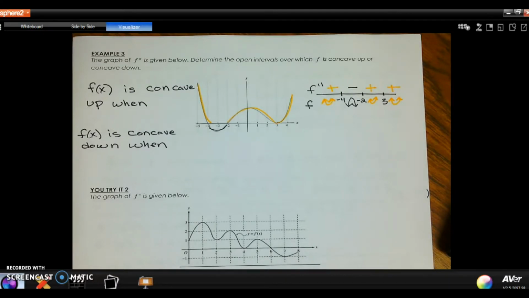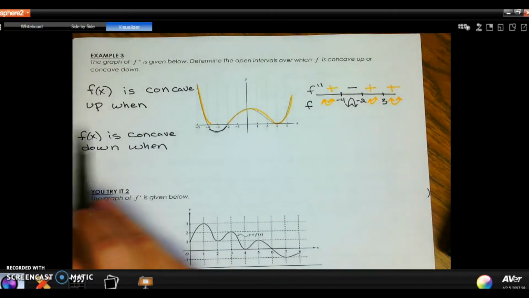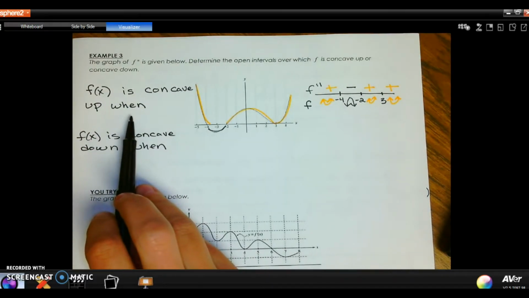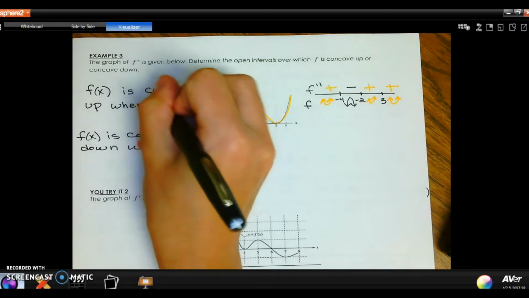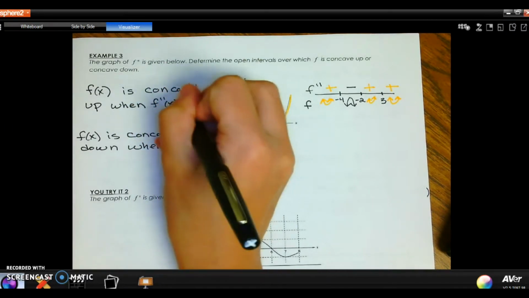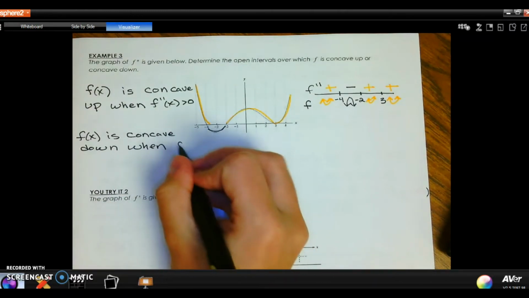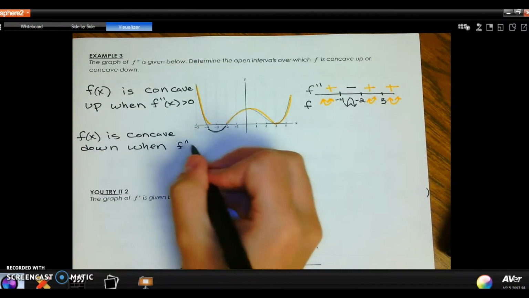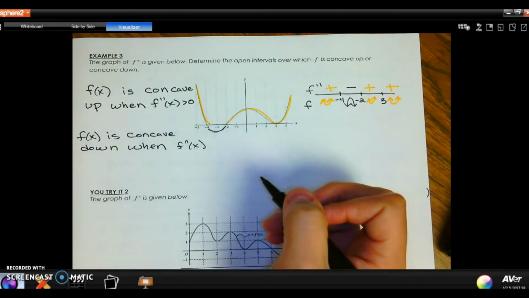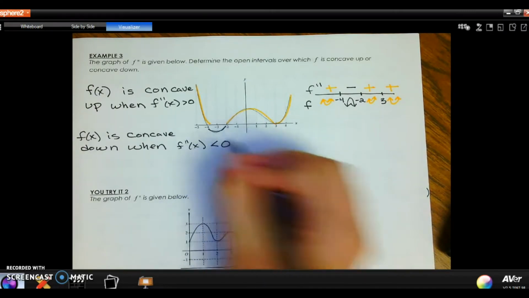So some conclusions here. We know that f of x is concave up when the second derivative is greater than 0, when it's positive, and it's concave down when the second derivative is less than 0.